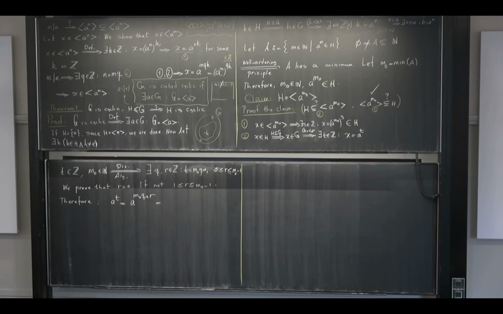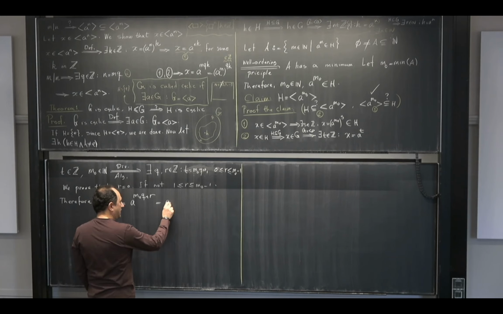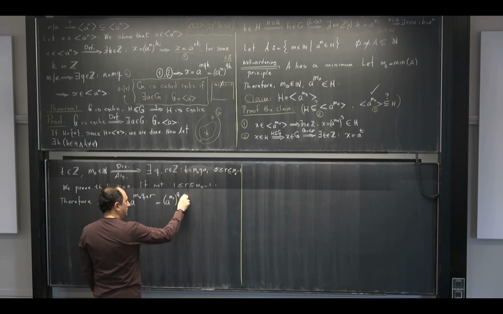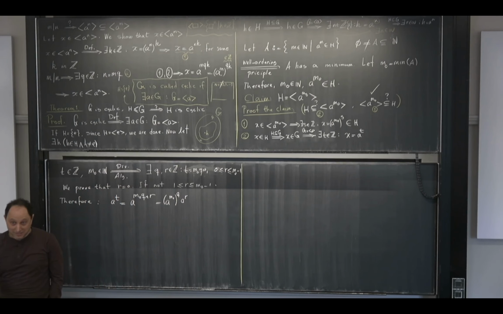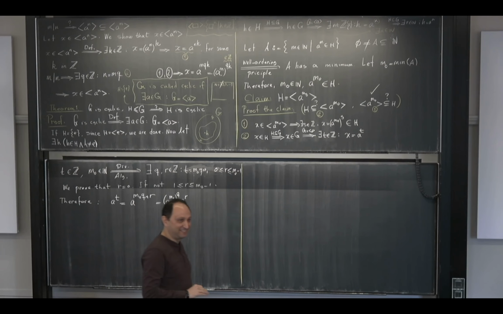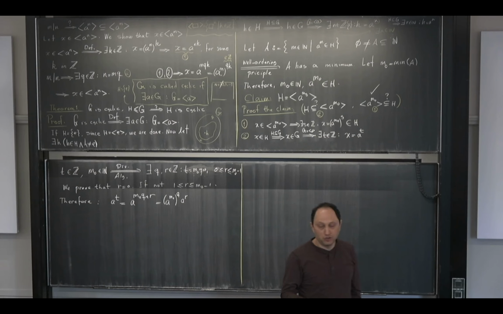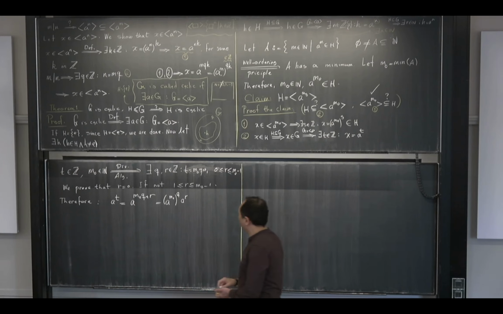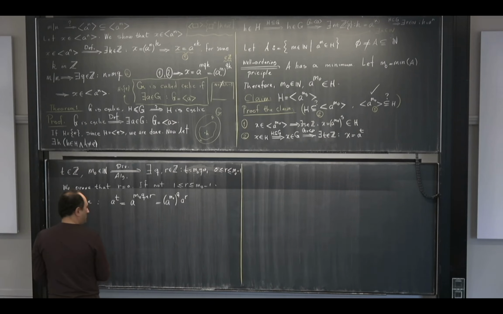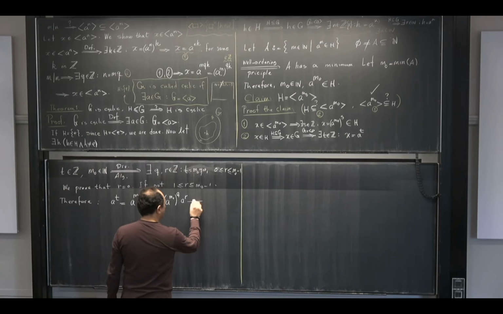You write it as a to the power of m naught q times a to the power of r. And then the first one becomes e? No, not e this time. Everything is not similar as before. It's not e, but I know something. Let me do this one.